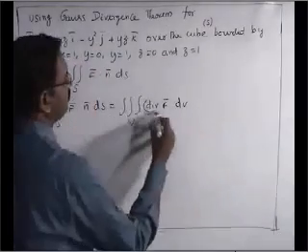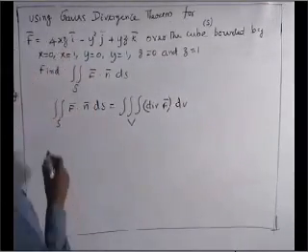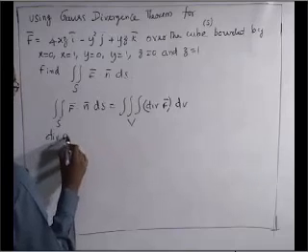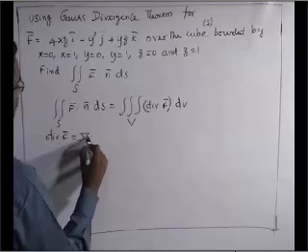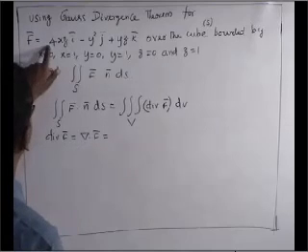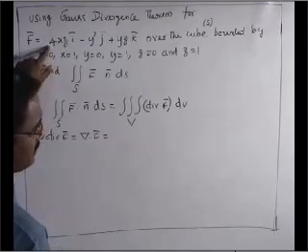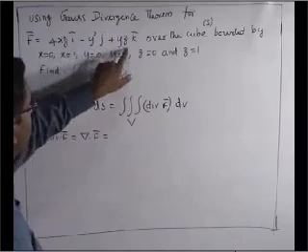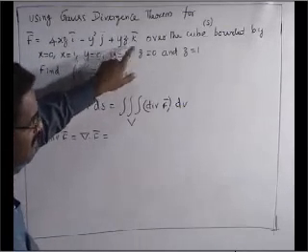So first of all, find out the divergence of F. So what is the value of divergence of F? Divergence of F, that is del dot F vector, you can easily find out. So first the i component differentiate with respect to x partially, j component differentiate with respect to y partially, k component differentiate with respect to z partially.